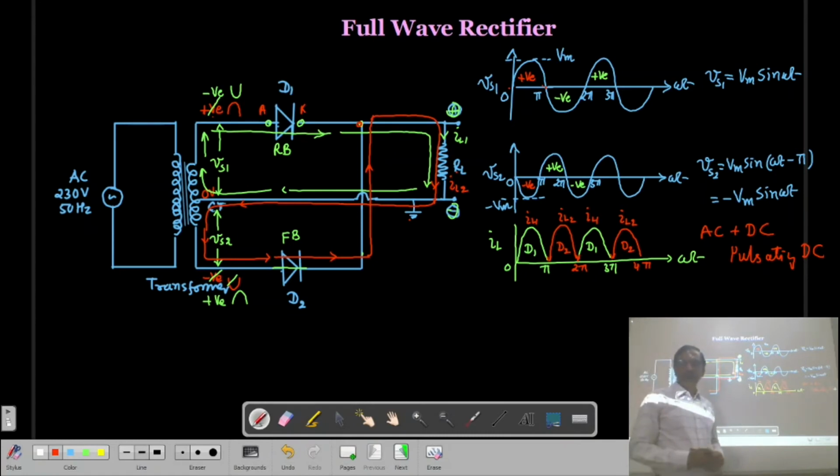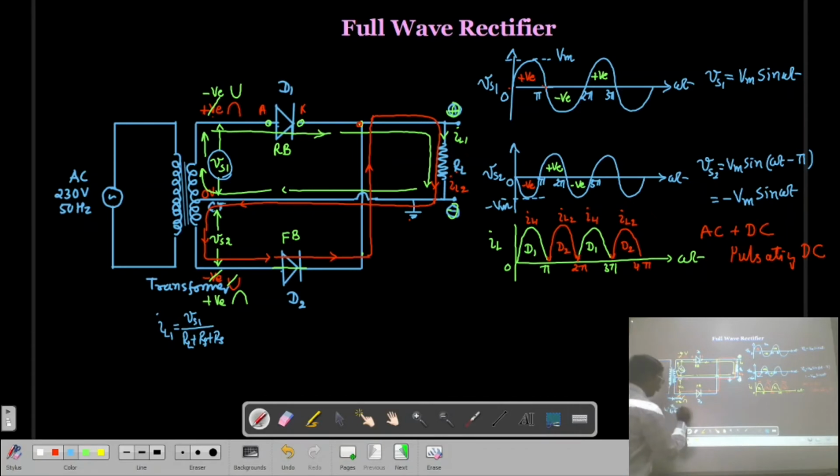Okay? Now, what will be the expression for this load current IL1 and IL2? Here I already told you that whenever you want to calculate the current, then simply you apply Ohm's law. So IL1 will be equal to VS1 divided by RL plus RF plus RS. Remember, why do we have IL1 equal to VS1 divided by this? Because at that time the current is flowing due to the VS1.